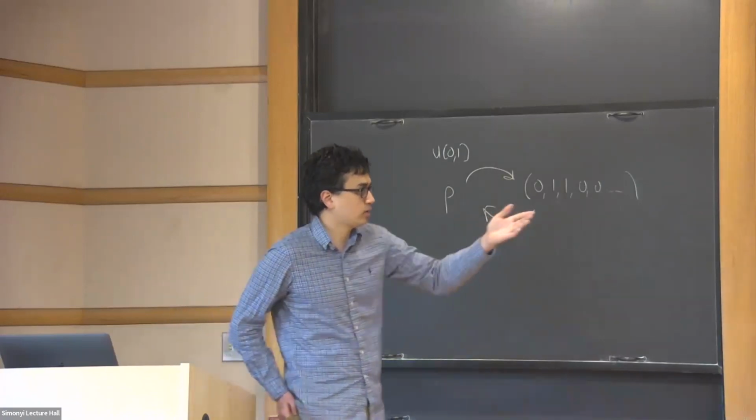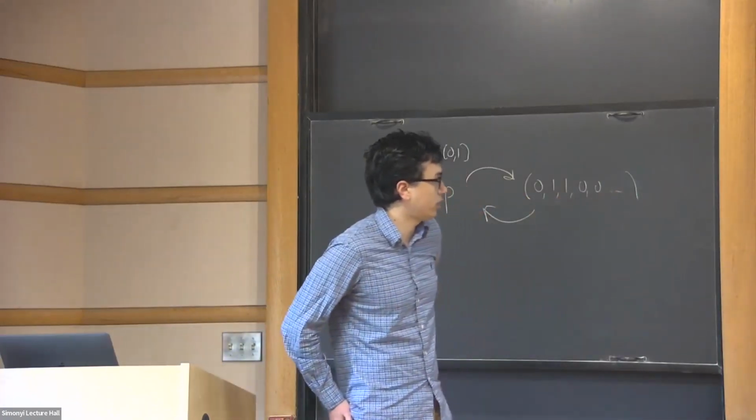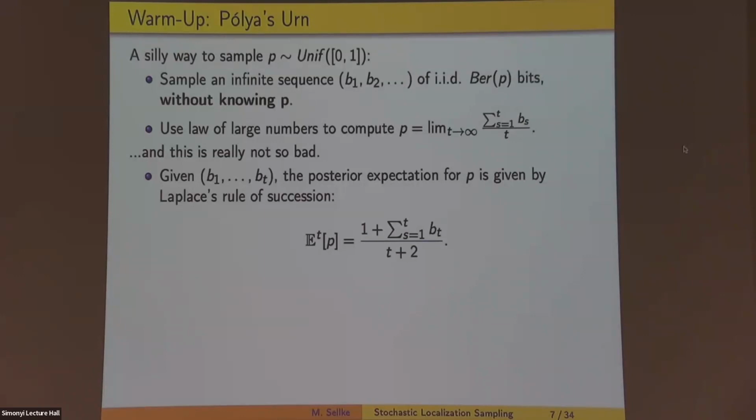So I can generate my sequence of bits one bit at a time. It's just that the probability for the next bit to be 0 or 1 will depend on the statistics so far for my sequence. If I see mostly 1s, then my next bit should have a higher chance to be 1 because I think P is larger.